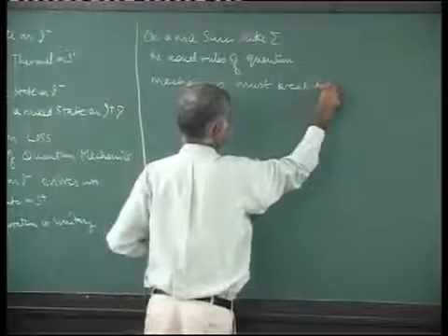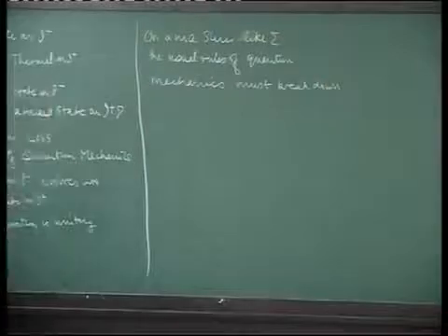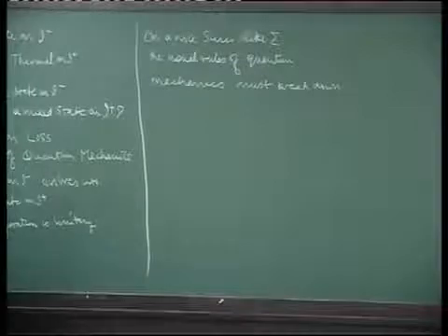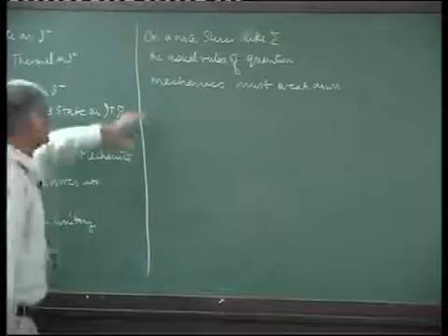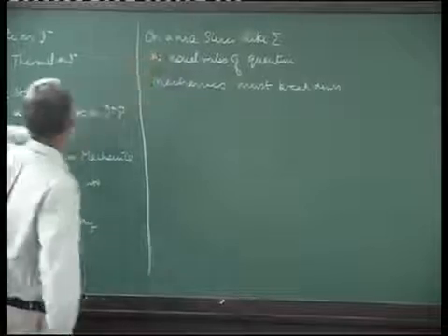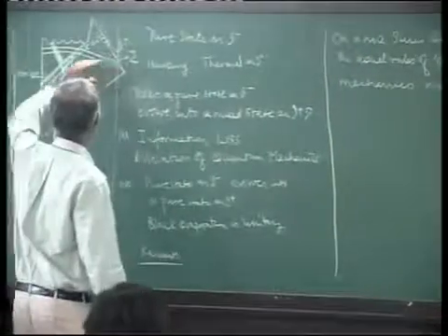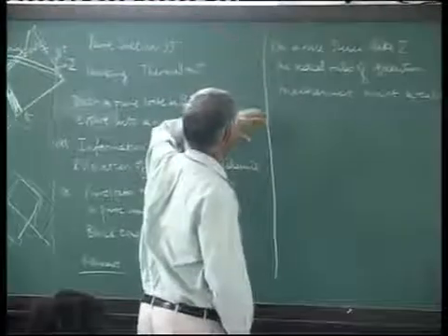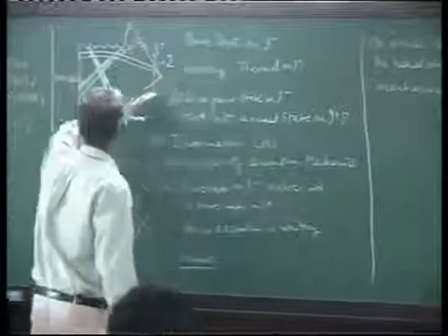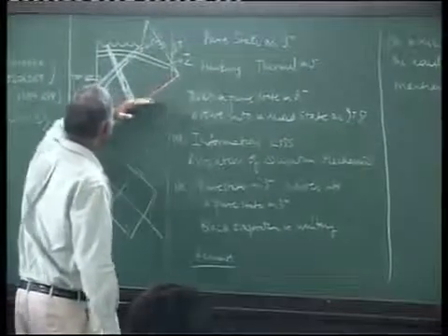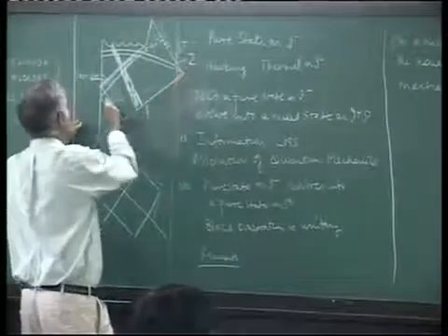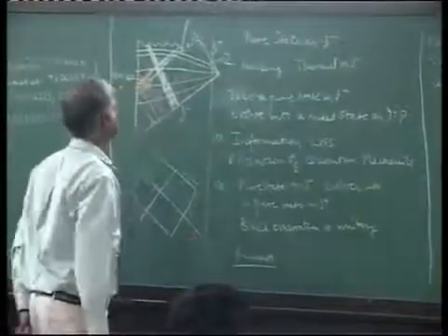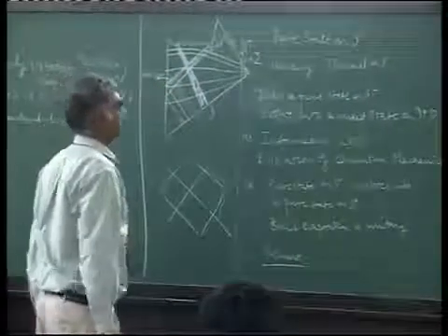I'll make this more precise in a minute. Let me now try to tell you how that argument arises. Let's assume the contrary, that the usual laws of quantum mechanics do apply for time development on nice slices like sigma. What I really mean is, for describing the evolution from Scri minus on to nice slices of this type, the usual rules of quantum mechanics must break down. So let's see how that happens.